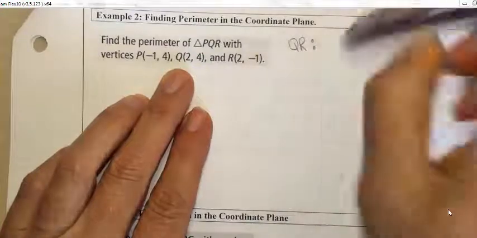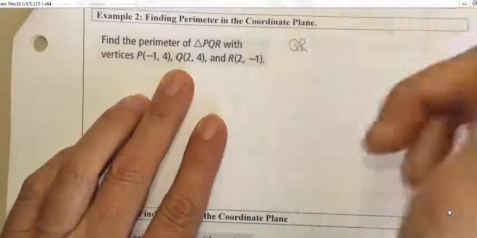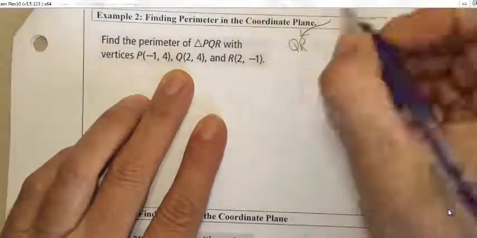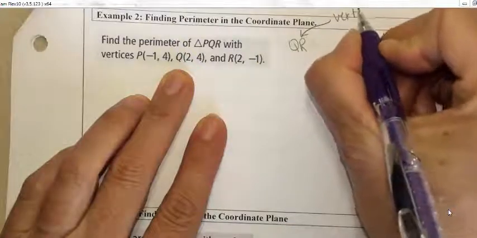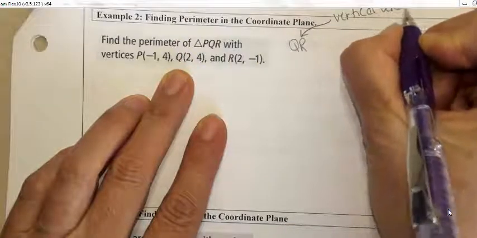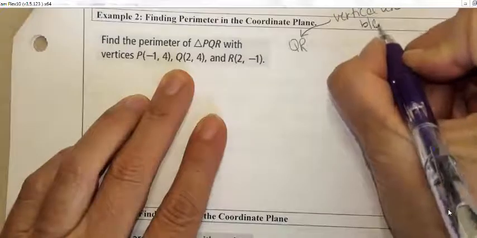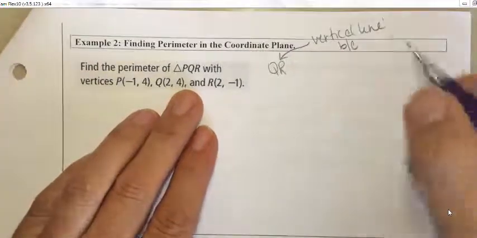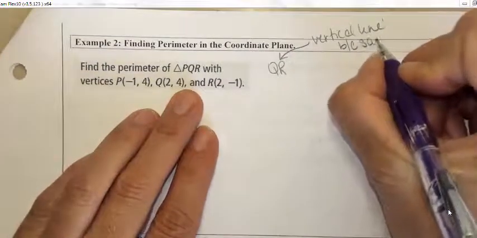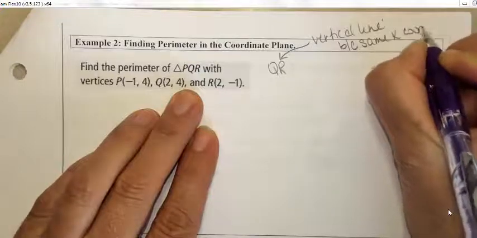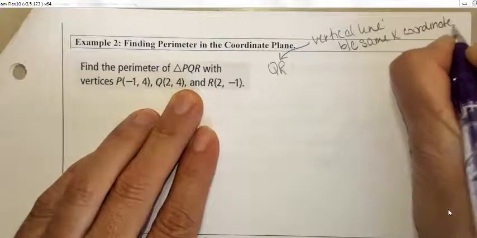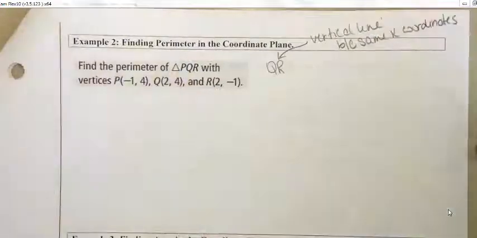Now QR, oops, I'm just going to write a little note to you here. I know that this is a vertical line, and that's because we have the same x coordinates. You can draw this out if it makes you feel better, but you don't have to.